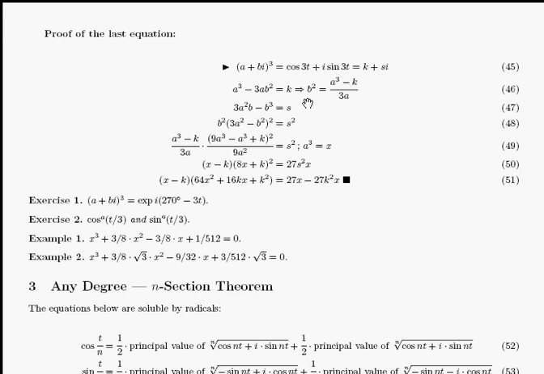The first equation, we isolate b2. It's a3 minus k over 3a. And the second equation, we power to 2. b2, 3a2 minus b2 squared is s2. Now we substitute this b2 here. We elevate this parenthesis to power 2.